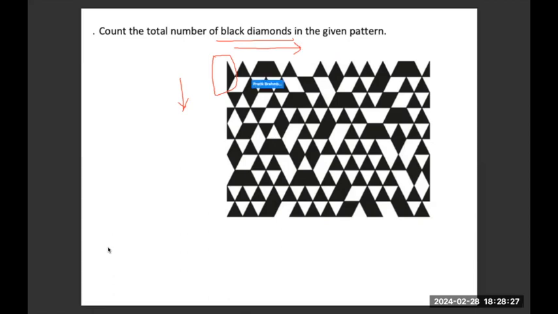The black diamond. This is a white diamond. I'm not going to count the white diamond, I'm just going to count the black diamond. So this is a black diamond. Another.